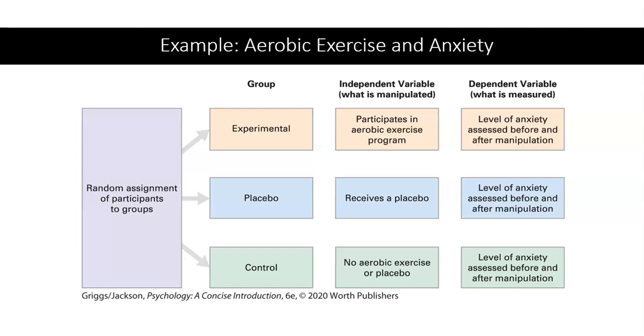And then you're comparing all of those groups on the dependent variable of interest, anxiety in this case. And you may have hypothesized that aerobic exercise is going to decrease the level of anxiety pre to post, more so than in the placebo condition and more so than the pure control condition.